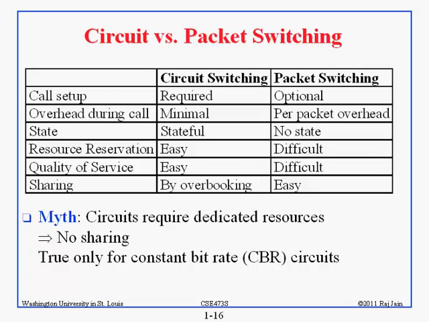Just to piggyback on that, why do you need overbooking if you have FDM and TDM in circuit switching? If you do it strictly, overbooking is required because people do not use TDM fully. Suppose we have TDM, and I gave you slot number 3. You don't speak all the time.